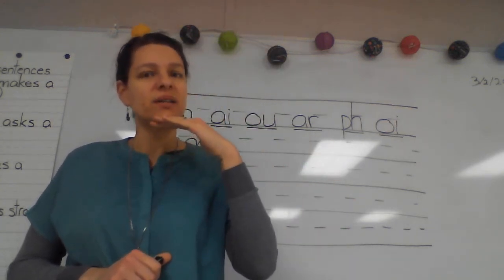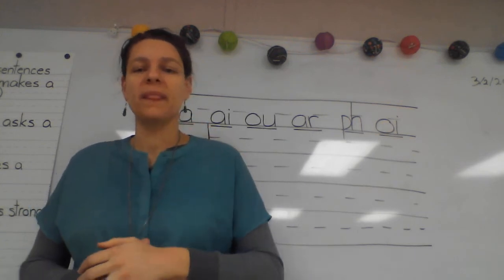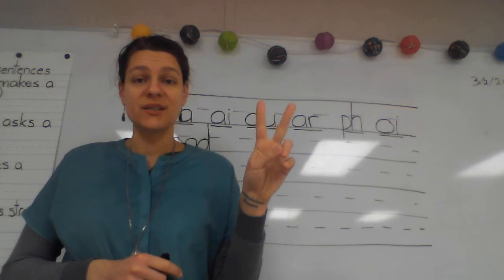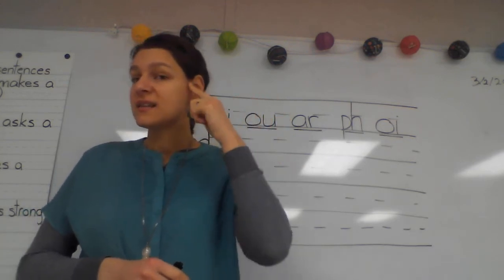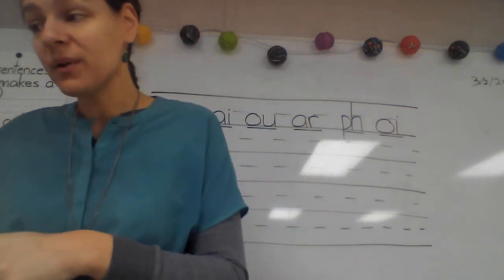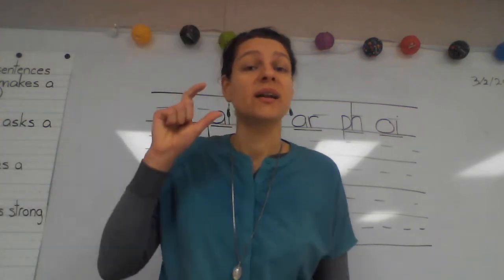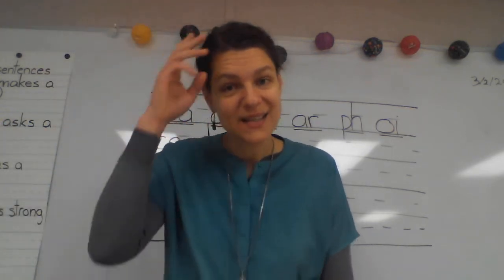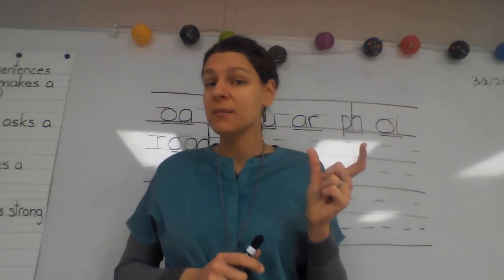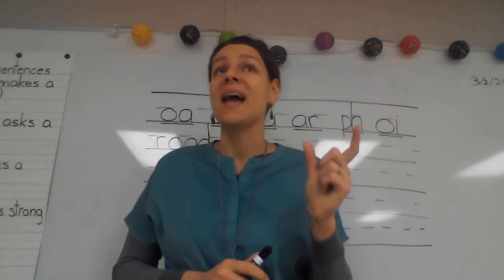How many syllables are in mountain? Show me. Good, there are 2 syllables. So listen one more time, mountain. What's our first syllable? Good, mound. Say that first syllable with me one more time, mound. And our second syllable? Good, tain.